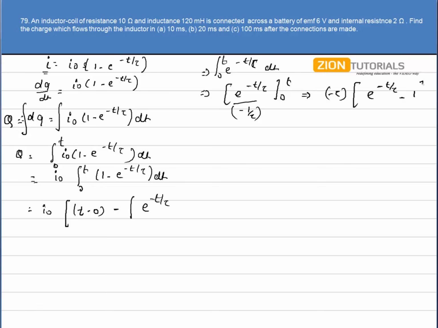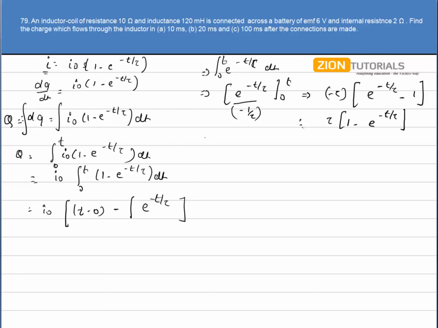So the integration comes out to be tau into (1 minus e to the power minus t by tau).